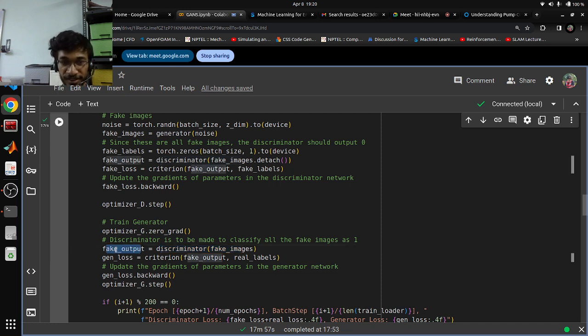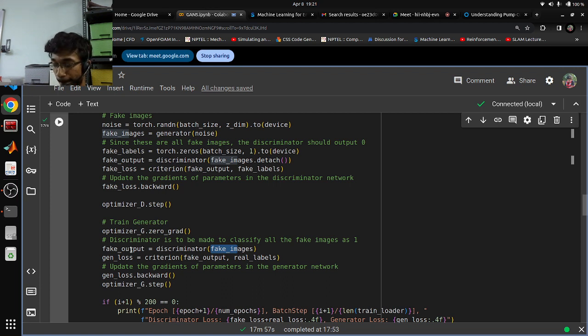So when the discriminator is passed the fake images, it generates these fake outputs. This is a 64-dimensional vector of zeros and ones. We want all of them to actually be 1. If the generator has done its job very well, all of these fake images are going to look more or less like the real images, and the discriminator is going to return all of them as 1.